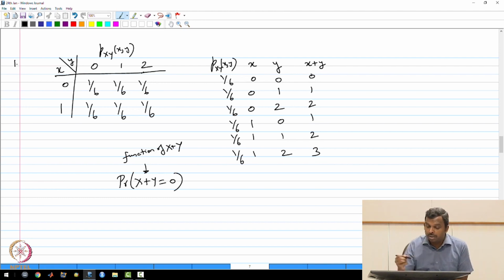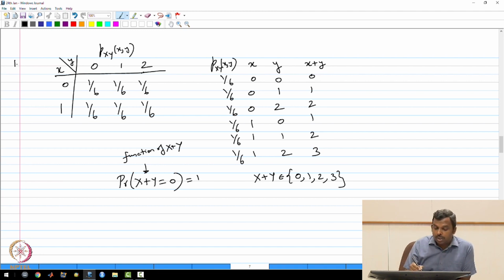From this table you can see that x plus y is another random variable, and it takes four values: 0, 1, 2, 3. I know that for sure. Now I can ask, what's the probability that x plus y is 0? In this table you see 0 occurs only in this first position, and that occurs with probability 1 by 6. So it's quite easy to read out.